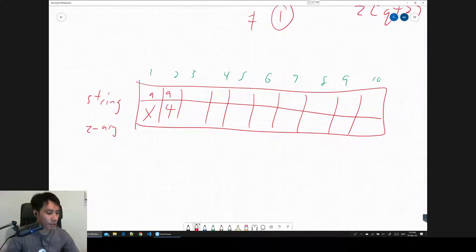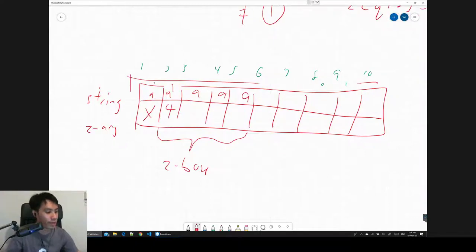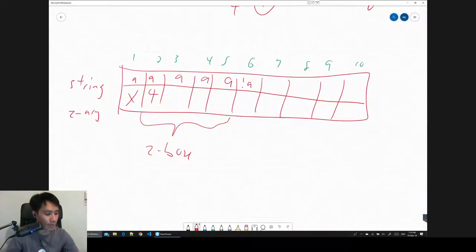It means the first two letters are the same, the second and the third letters are the same, the third and fourth letters are the same, the fourth and fifth letters are the same. Here is where my Z box is, because you have a length of 4. But it will mean the fifth letter cannot be A anymore. And since the fifth letter cannot be A, the number here is 0. And here is going to be 3, 2, 1, 0.